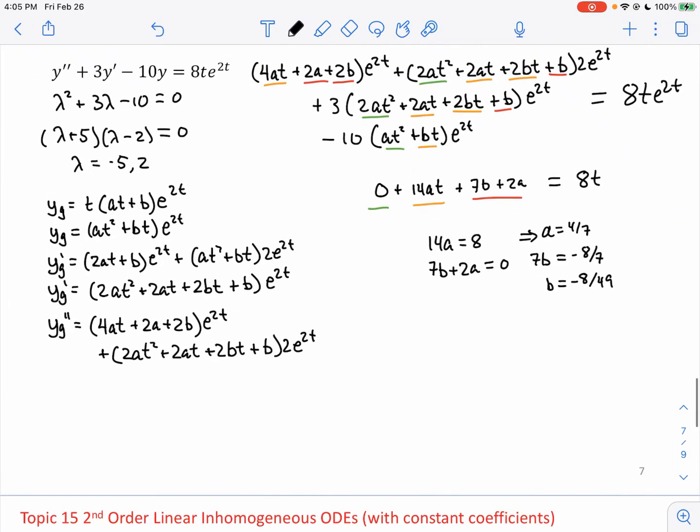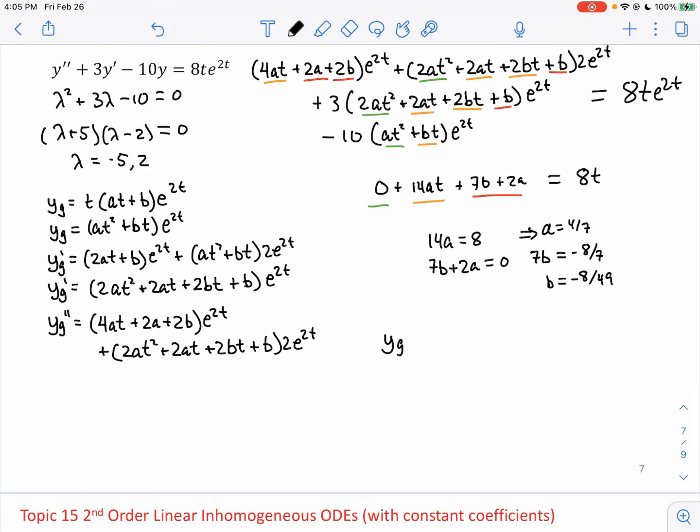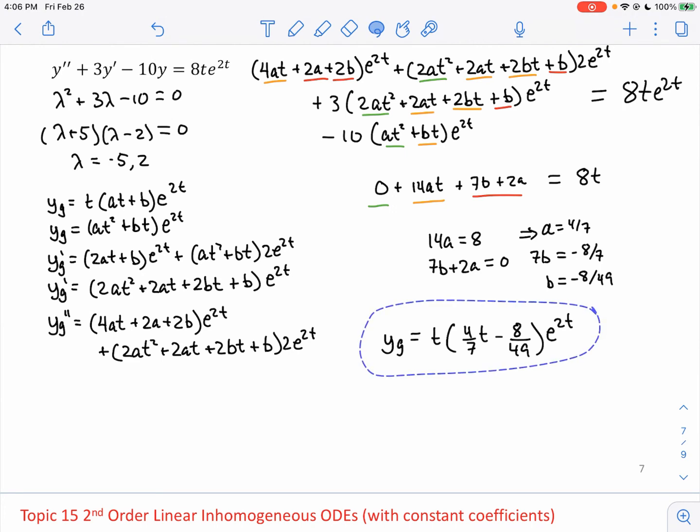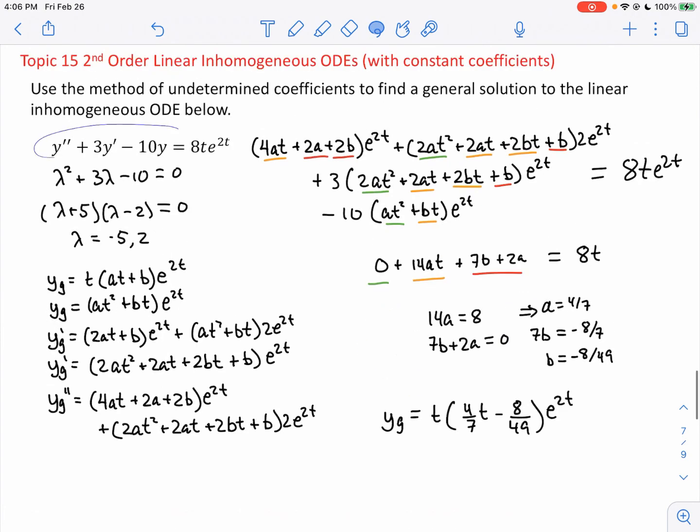Okay, all of this to say that our y sub p is equal to t times at, a is 4/7, plus b, so minus 8/49, times e to the 2t. And there is our particular solution that satisfies this inhomogeneous differential equation.